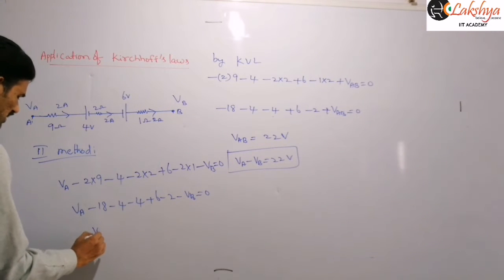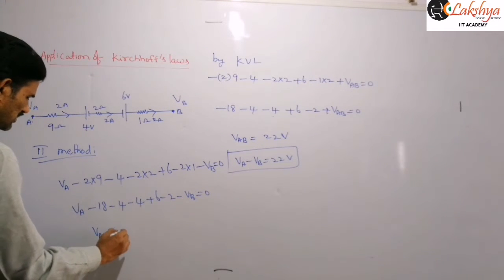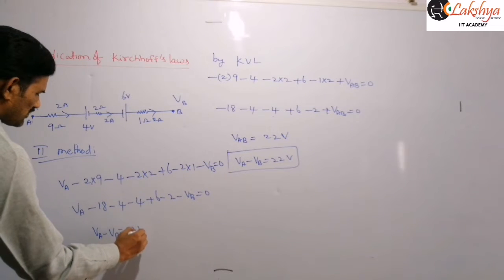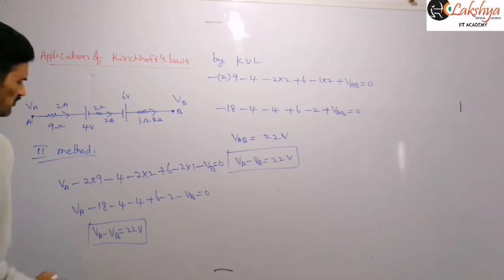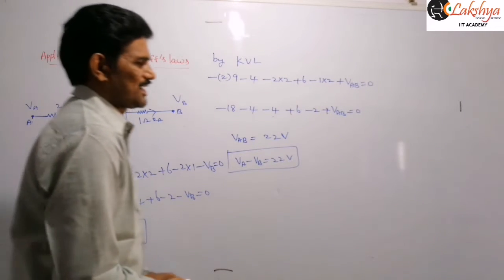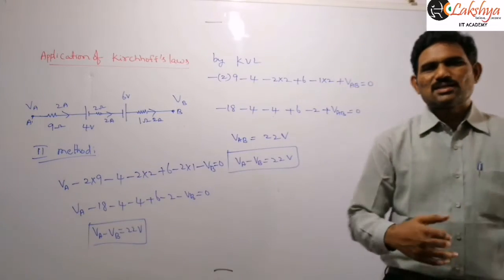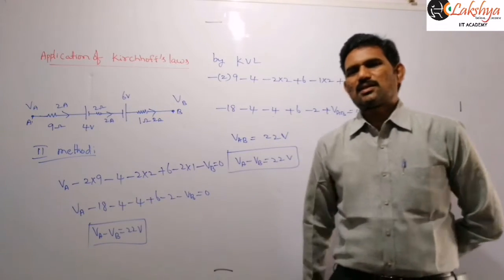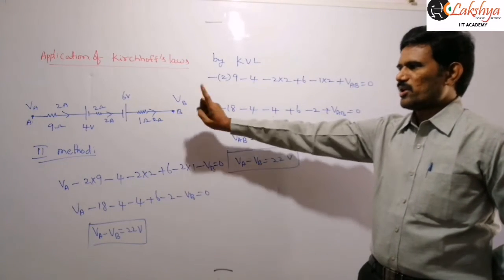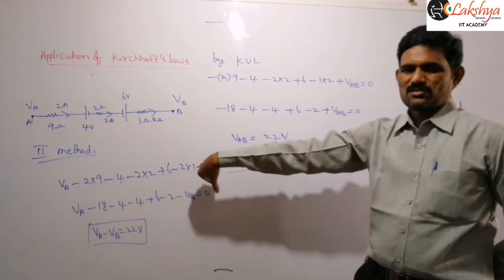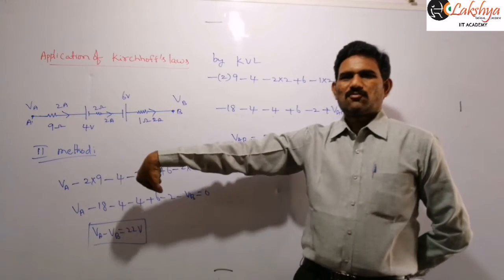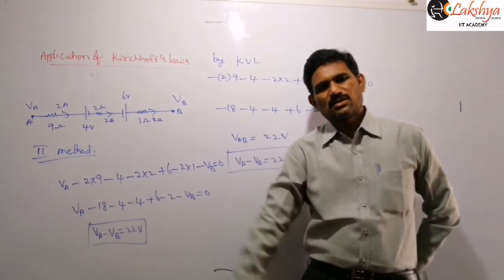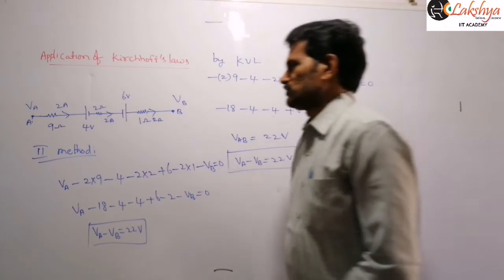And from this you can write VA minus VB is equal to 22 volts. That means same as our previous value. That means either you can imagine a cell and assume that cell is connected, or directly from that point to this point you can apply like this. Got it? So it is a way of finding the potential difference when a certain branch of the circuit is given.